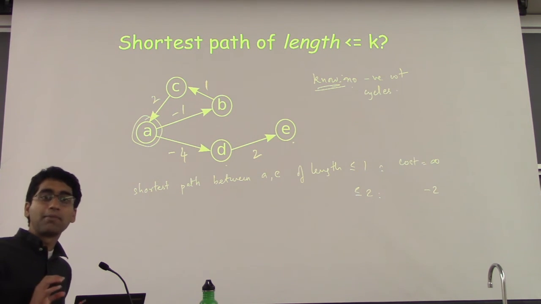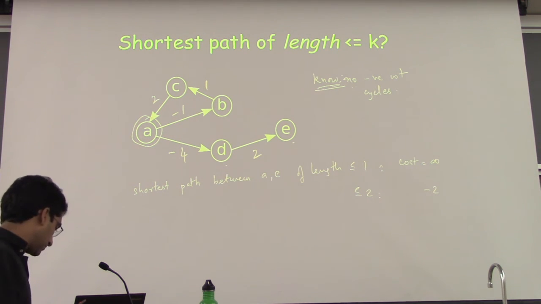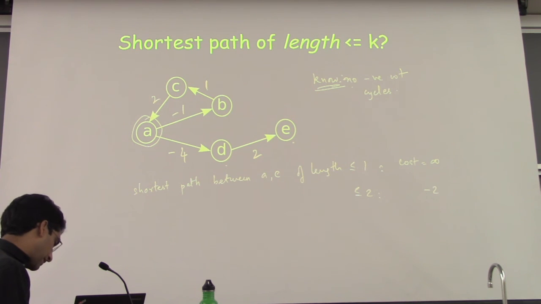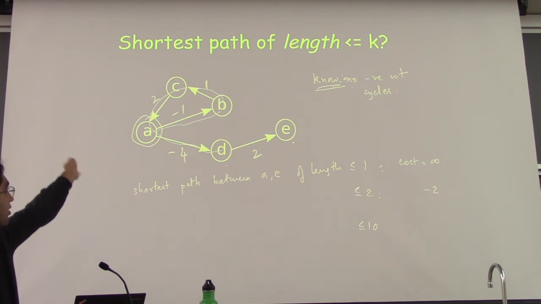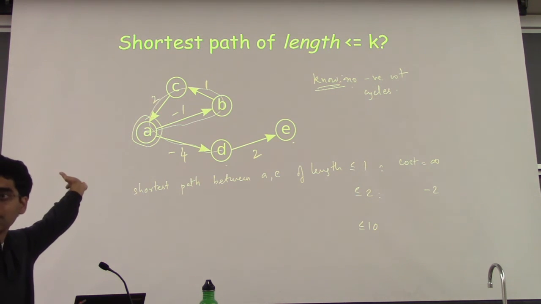So this is the quantity I am interested in. If I allow shortest paths of length, let's say, less than or equal to 10, then maybe I could also have considered this path. Although it turns out it's longer, it's still a feasible path.